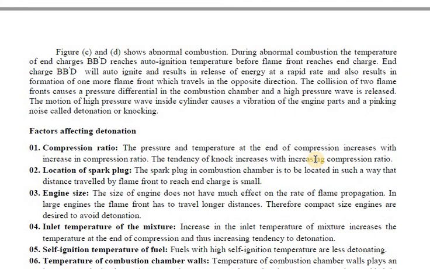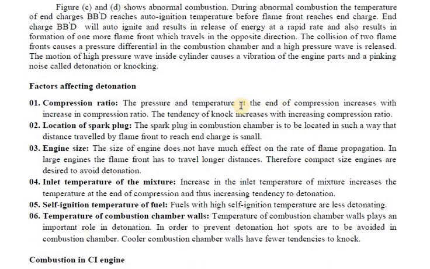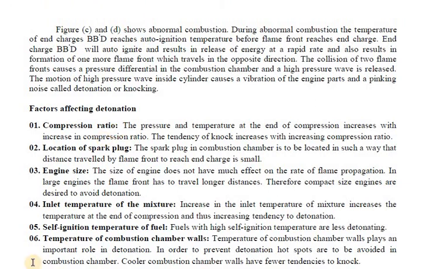Some factors affect detonation or knocking in the SI engine, so briefly we will discuss those parameters. I have listed some factors here. The first factor is the compression ratio, then location of the spark plug, engine size, inlet temperature of the mixture, self ignition temperature of the fuel, and temperature of the combustion chamber walls.